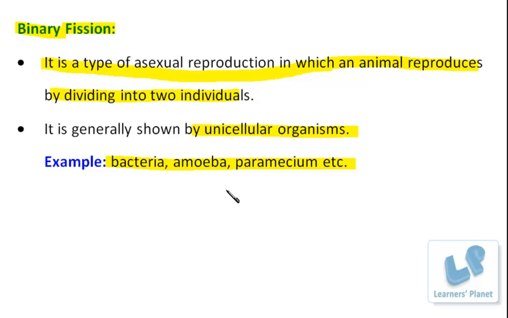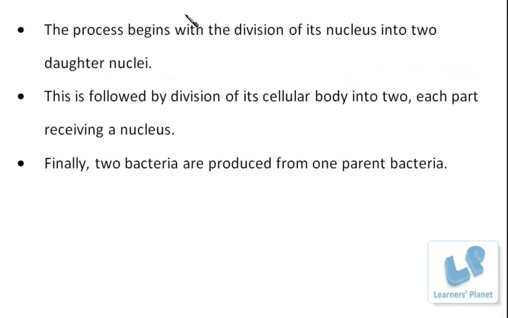Now let me explain exactly this binary fission. This process begins with the division of its nucleus. Whether it is a binary fission or a multiple fission, in each case, the division of the nucleus is the first step. In this step, of course, daughter nuclei are produced.